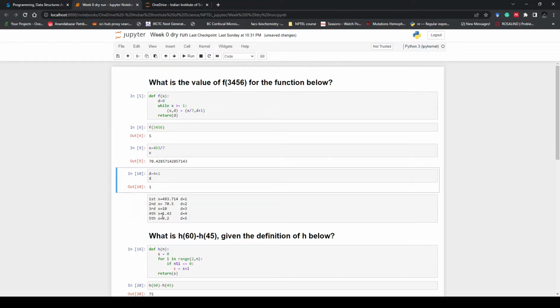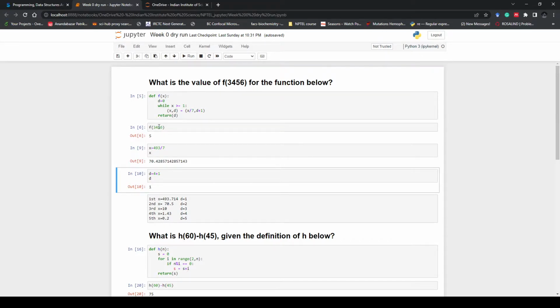Then at the fourth run, x will be 1.43 and d will be 4, and after the fifth time x will be 0.02. At that time x becomes less than 1, so d will become 5. Since the while loop is broken, it will come out and give d.